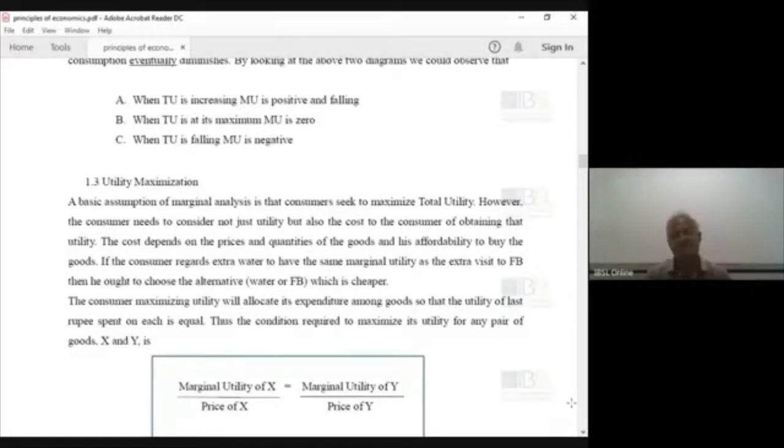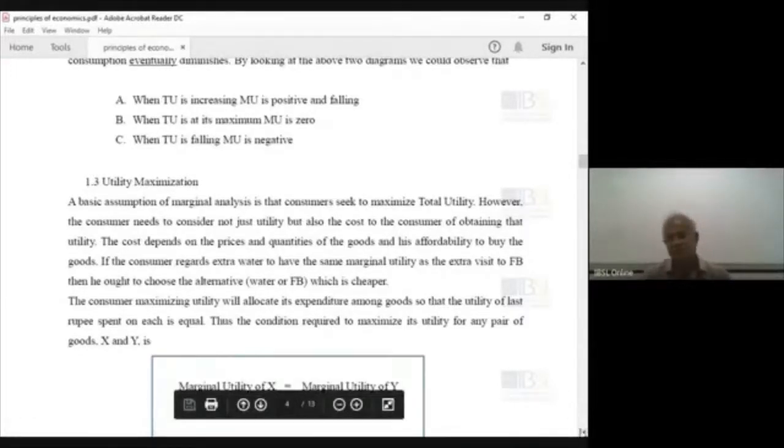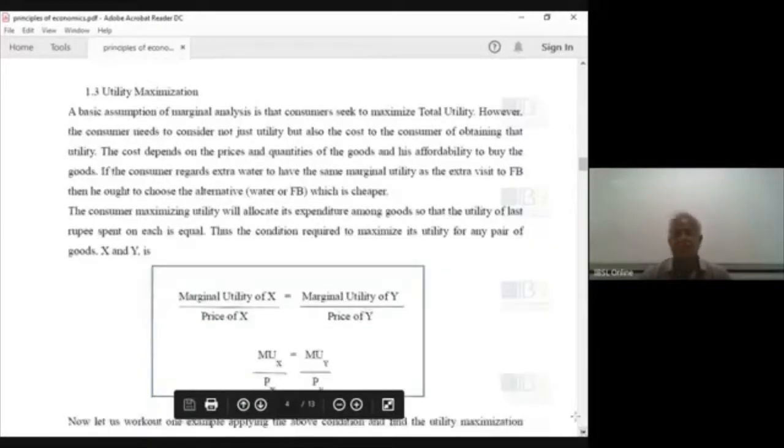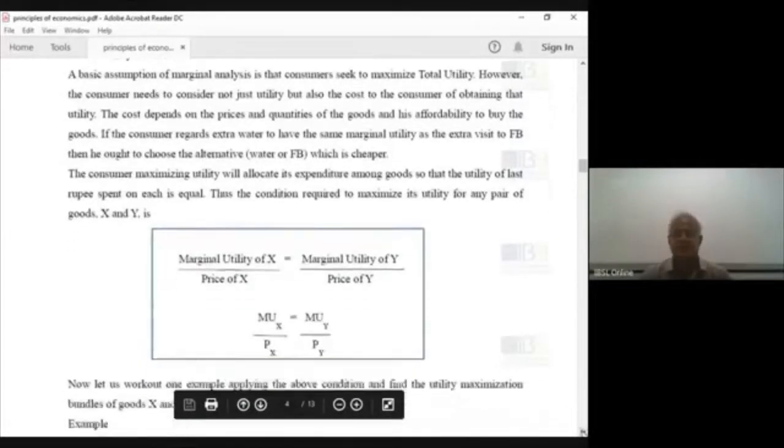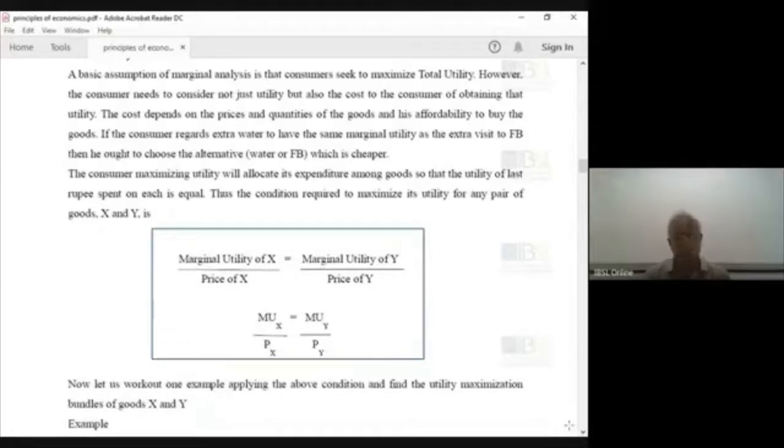Allocate expenditure, or income, among goods so that the utility of the last rupee spent on each is equal. Now, this interesting condition we'll discuss mathematically. How do you interpret that?